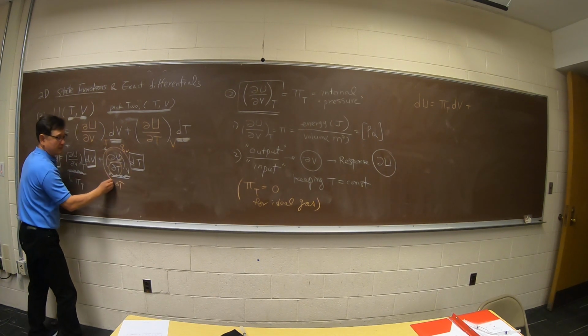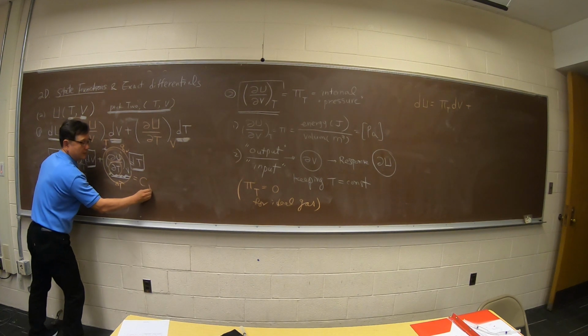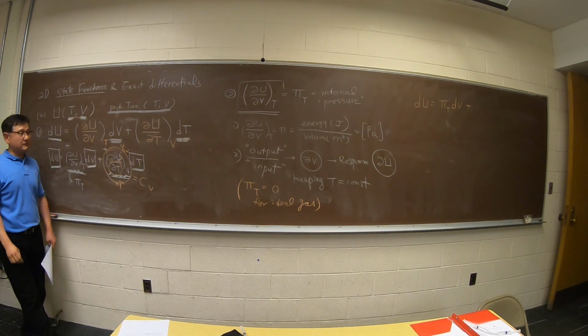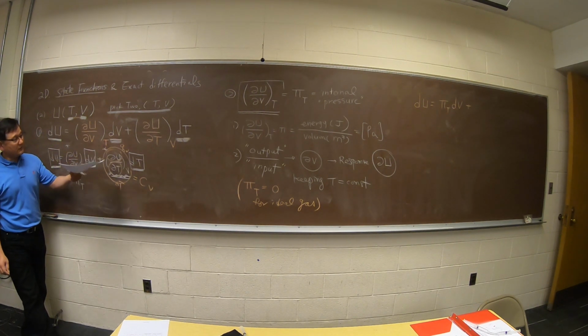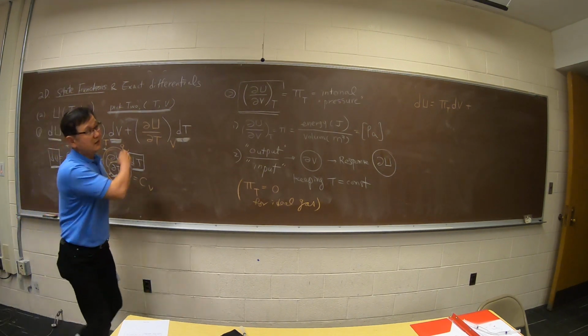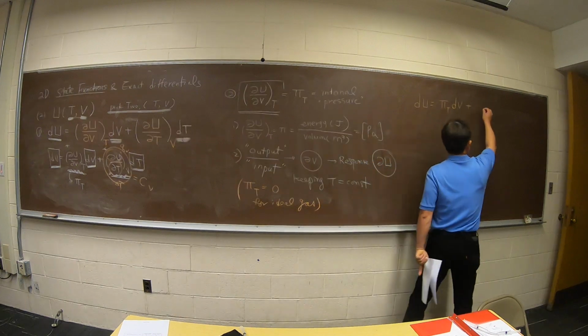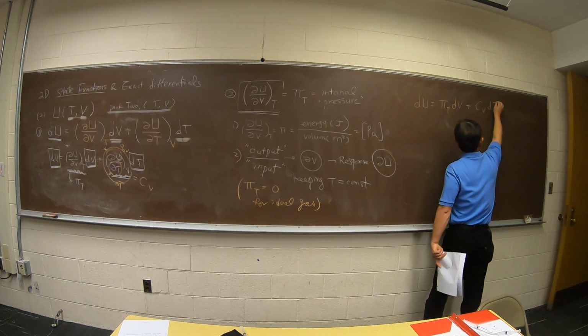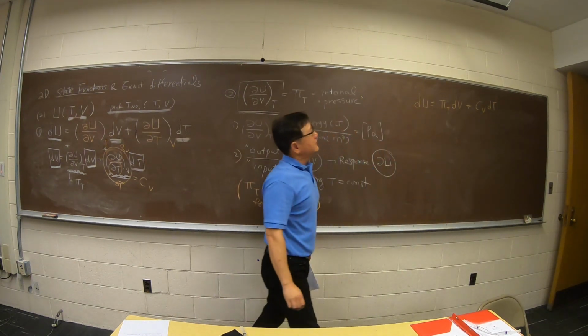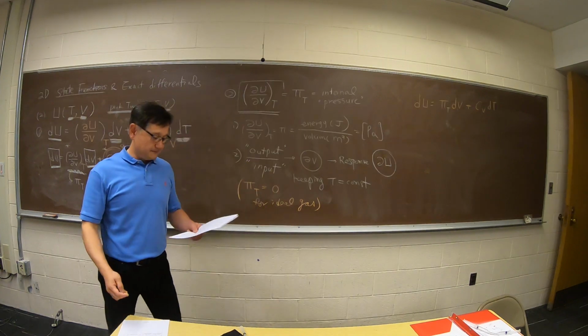This portion is CV, right? Heat capacity at constant volume. The heat needed to change the temperature by a certain amount is how heat capacity is defined. So the one that I wrote is CV dT, and that's the generic equation for that.